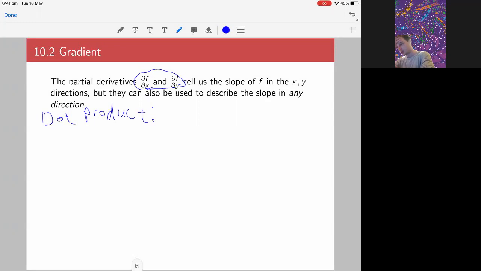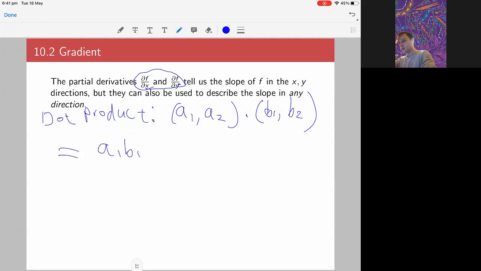So if you've got two vectors, A1 and A2, and you want to take the dot product, I think the classical definition is A1 B1 plus A2 B2, but there is another way of doing that, and this is found by doing this.